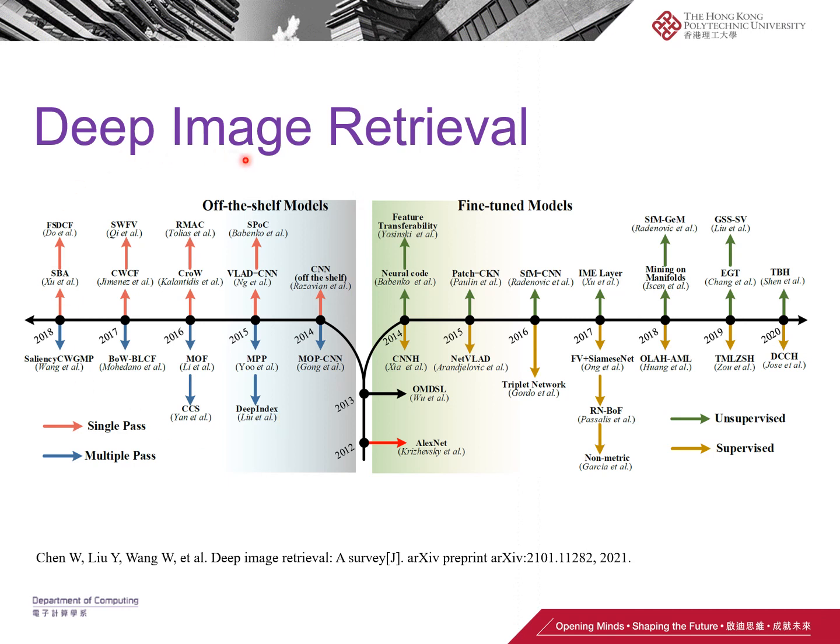One is off the shelf, in which you don't have to update the parameters, and the other is the fine-tune method, in which you update the parameters of pre-trained neural networks. There are actually a lot of methods already, and if you are interested, go check them out.